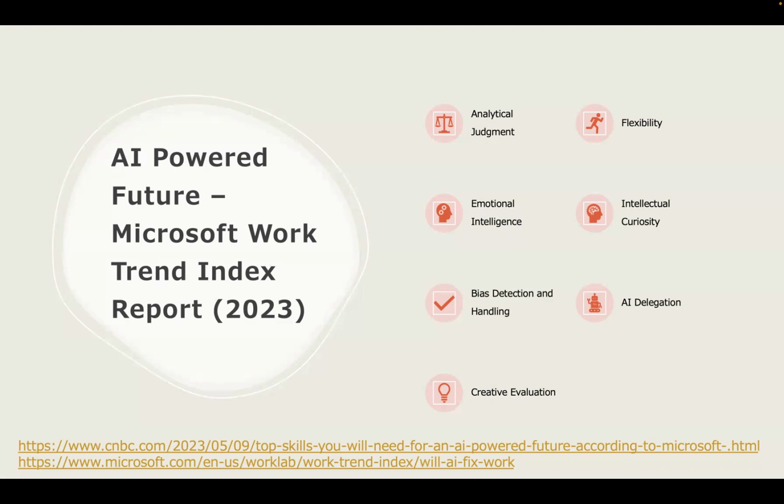Creative evaluation, evaluating the content that is being produced by AI, ensuring that it doesn't violate any intellectual property issues or anything like that. Flexibility, making sure that we can adjust to AI's integration in the workflow. Intellectual curiosity, asking AI the right questions. And AI delegation, directing AI with the right prompts.